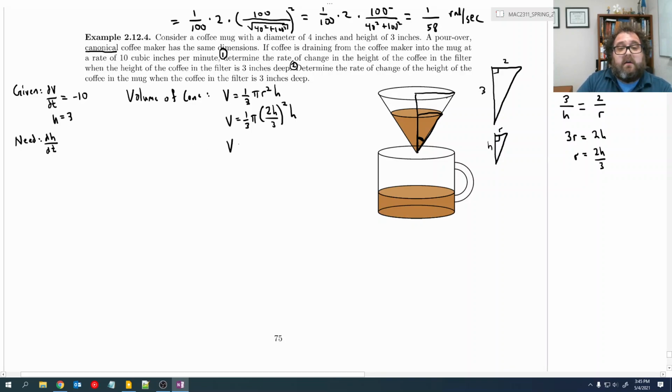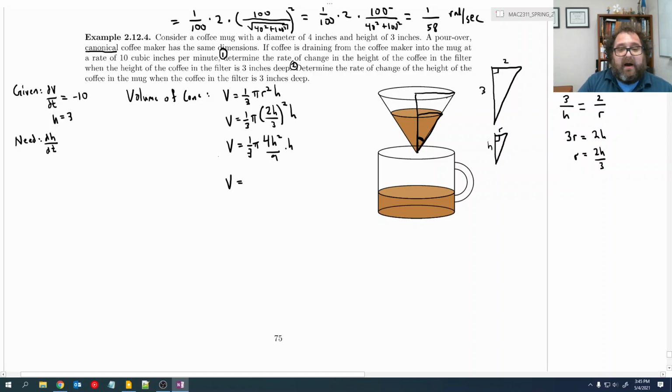All right, so let's clean that up a little bit. V equals 1/3 pi. 2h squared would be 4h squared, over 3 squared would be 9, times h. Let's combine all of our constants, all of our scalars.